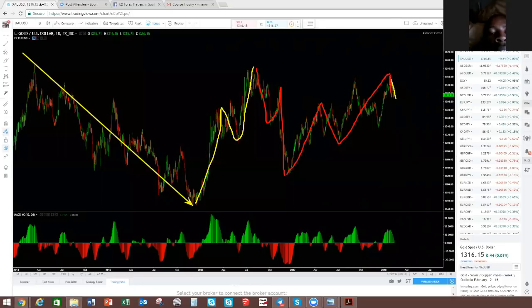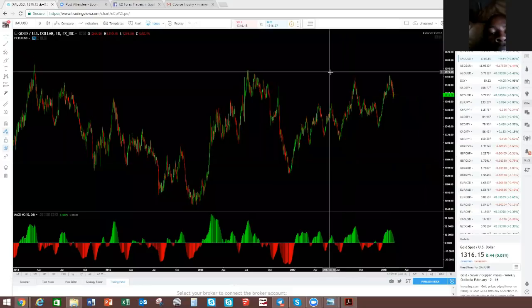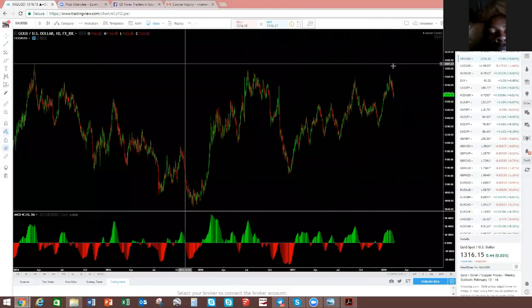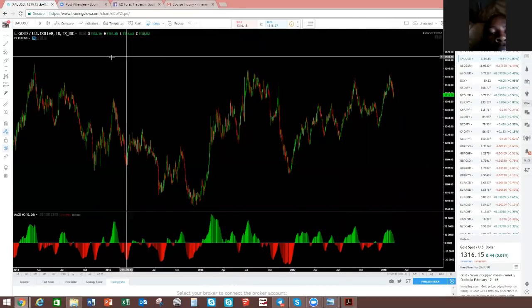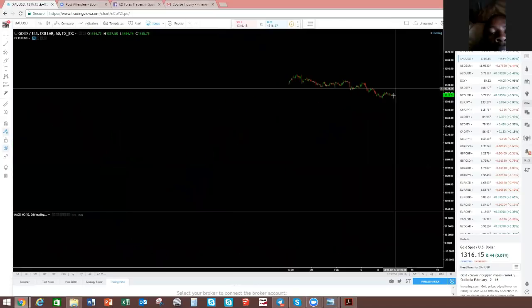Still in the red degree, we need a corrective structure there for a move to the downside on gold. So let's check the lower time frame. I'm gonna go to the 1 hour and just look at the last piece, which is this one here, and see what we're getting.